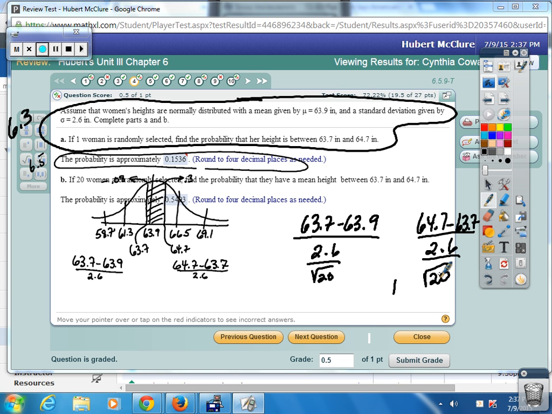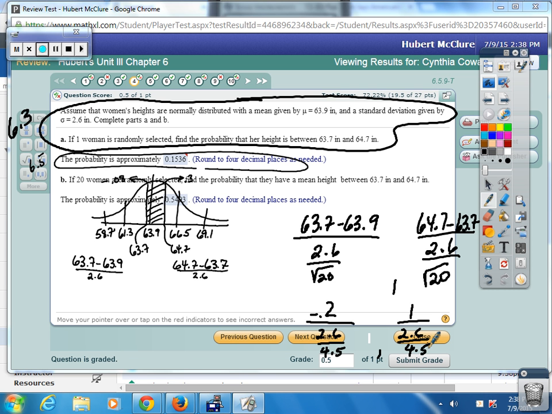So, you're going to take 63.7 minus 63.9, that's going to be negative 0.2, right? Over 2.6 divided by 4.5. And then over here, you're going to have 1 over 2.6 divided by 4.5.